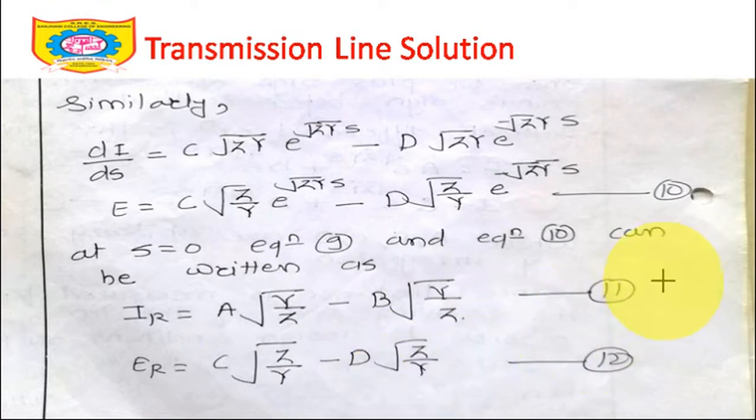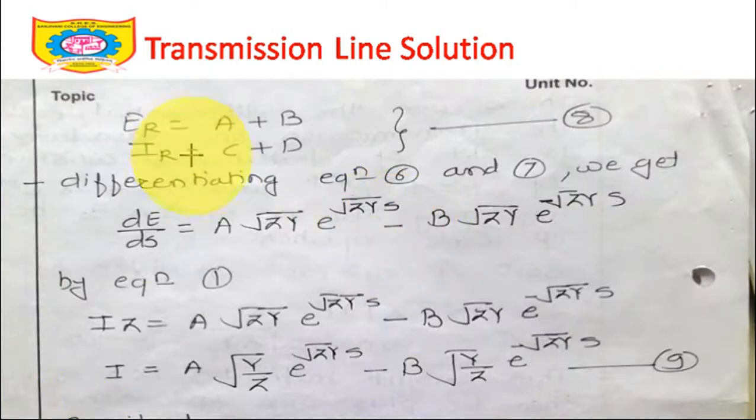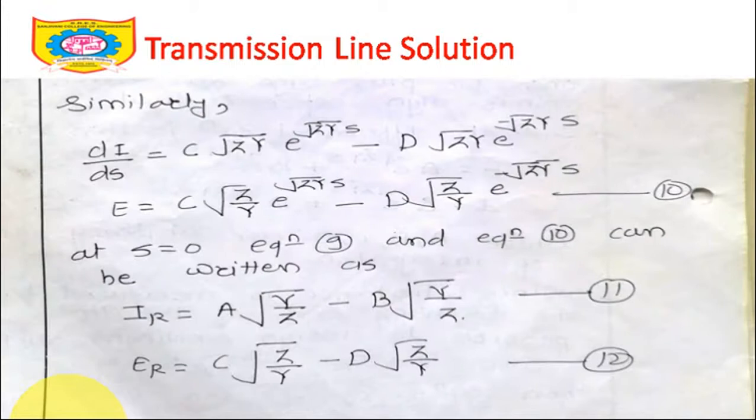So these are the expression number 11 and 12. So now we are going to play with this equation number 11, 12 and equation number 8. If you just remember, this was our equation number 8: ER and IR, A plus B, IR equal to C plus D, and here I have got ER and IR in terms of these things. So let's do certain exercise and mathematical operations on this and let's understand.